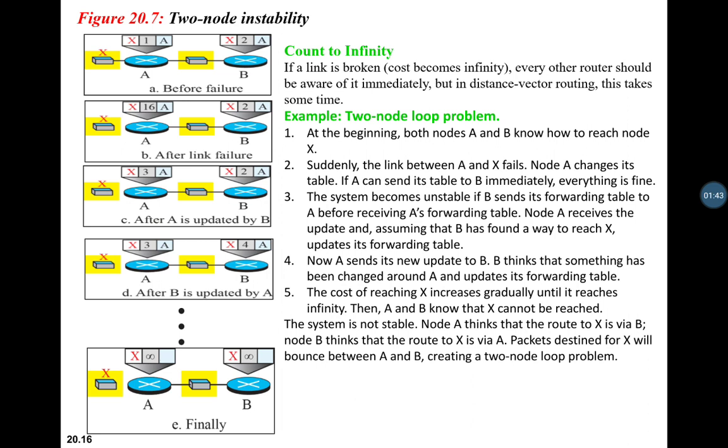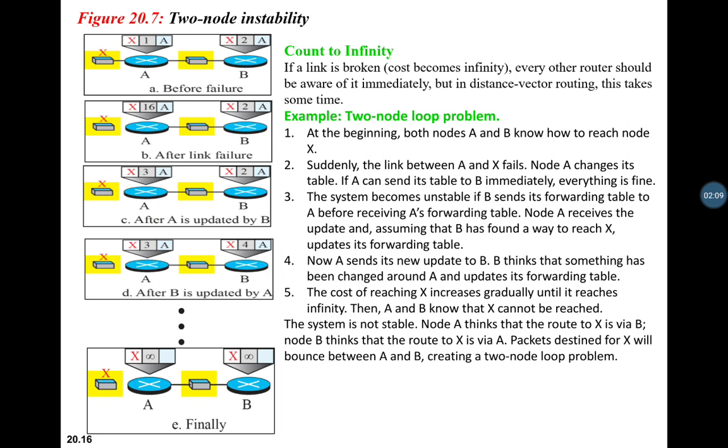The system becomes unstable if B sends its forwarding table to A before receiving A's forwarding table. Actually, A had updated its forwarding table, but B sends its forwarding table to A before receiving A's forwarding table.